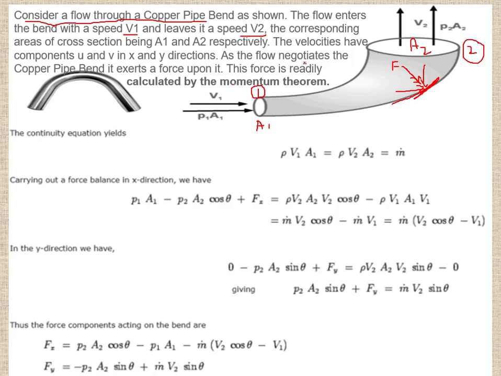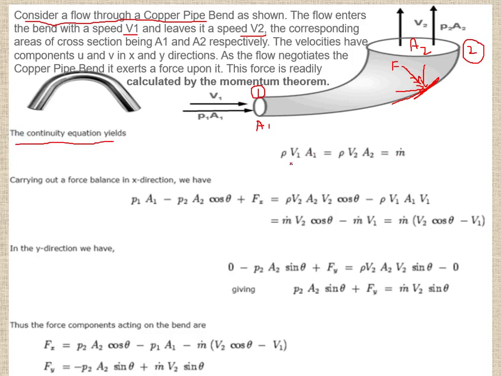So let's see, if the pipe size is reduced, then how we can calculate the force exerted by the fluid on the pipe bend when the given material of the pipe is copper. Here, by using the continuity equation we can calculate the mass flow rate.